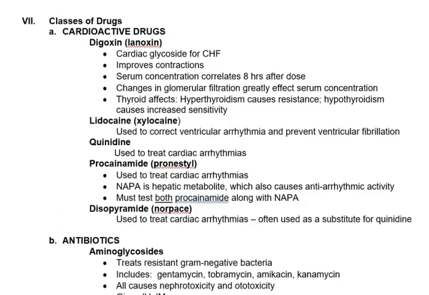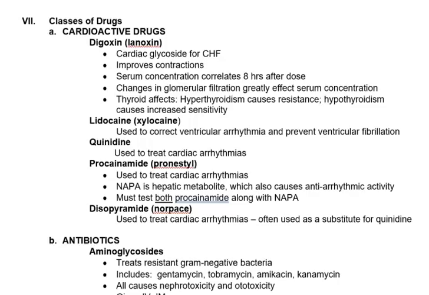The next thing we need to discuss is the actual classes of drugs that we use in therapeutic drug monitoring. The first class is cardioactive drugs. The first drug is digoxin. It is a cardiac glycoside for congestive heart failure. It improves contractions. Its serum concentration correlates 8 hours after the dose.